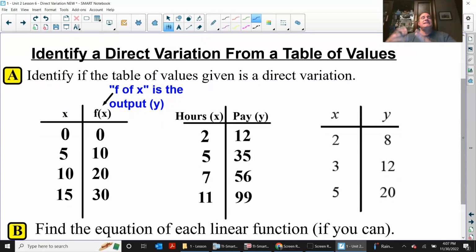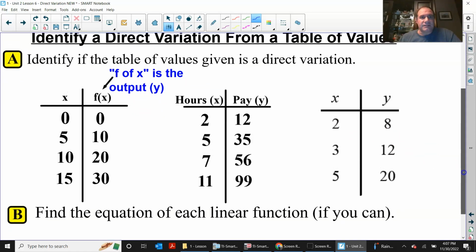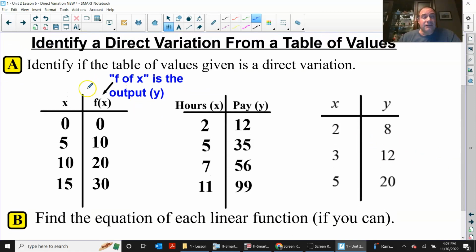So there are some easy tables that you can look for, and there are some more difficult tables that you have. So let's just look at this first table. The first table is nice and easy to look at. Do you see this 0, 0? Yep. So right there, if this is linear, that means it's a direct variation.